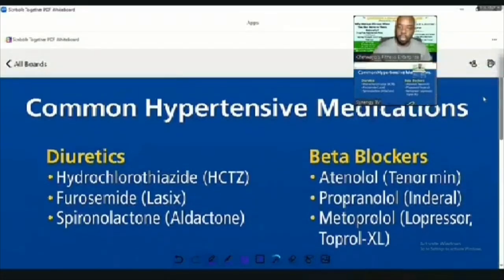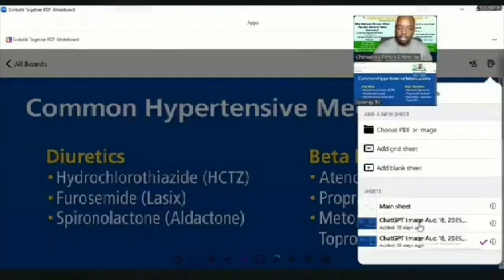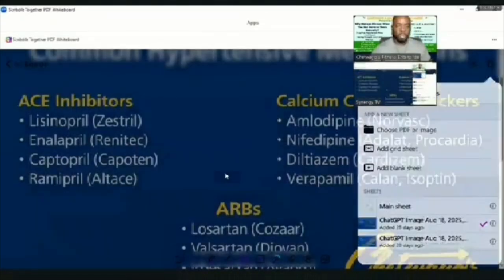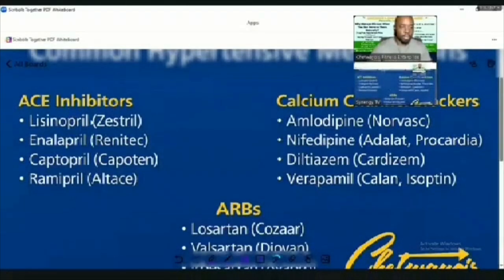When we go back to this here, your ACE inhibitors, this again is activated by the sympathetic nervous system. When that is activated, it causes your body to produce the renin-angiotensin aldosterone. But these are inhibiting the renin-angiotensin aldosterone, while at the same time not addressing what is activating that system.